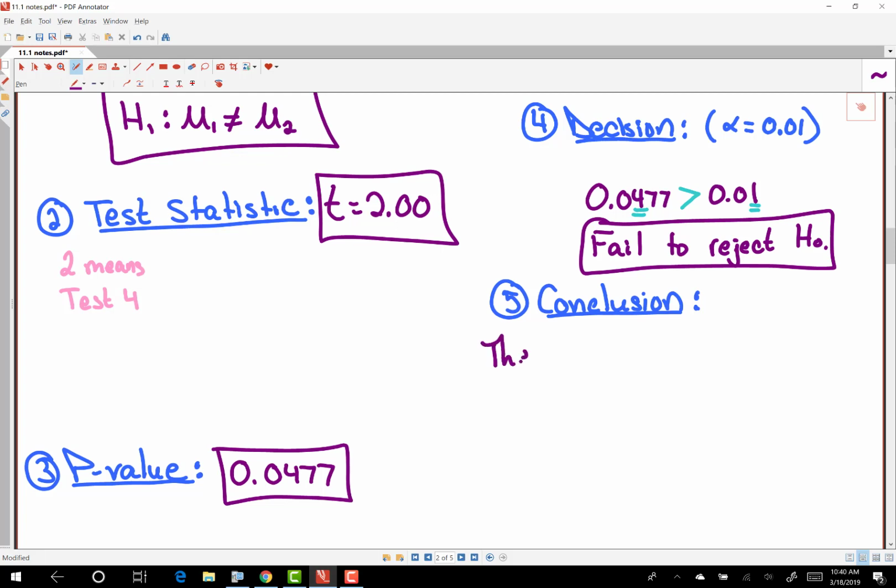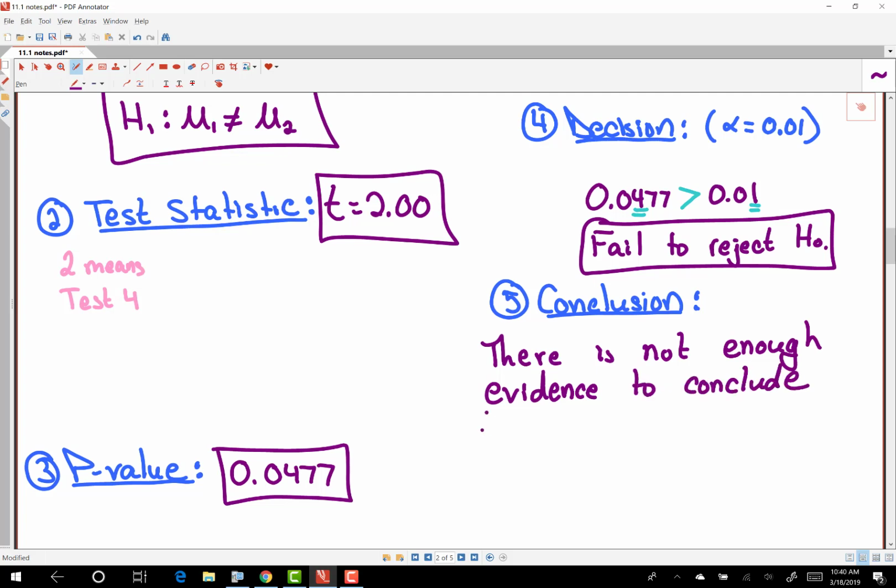So there is not enough evidence to conclude that the mean weight loss differs between the two diets.